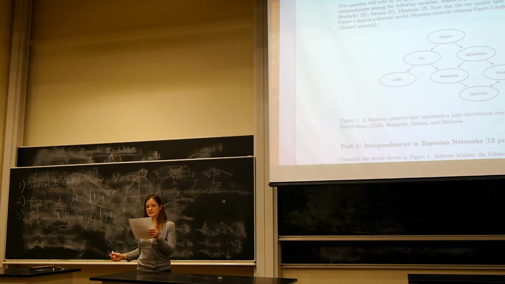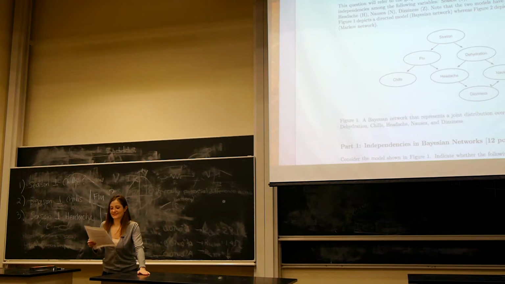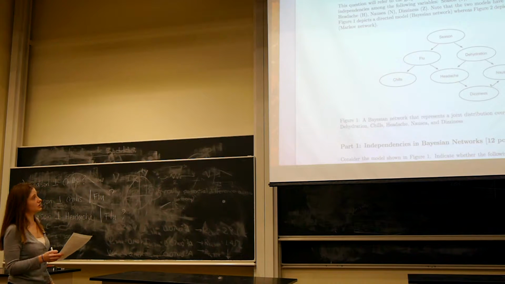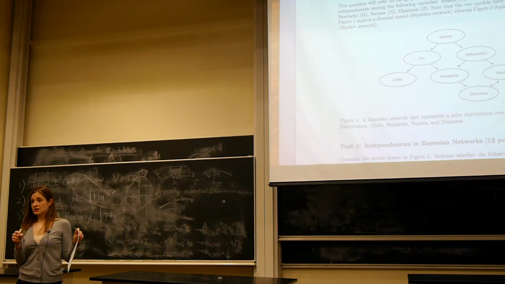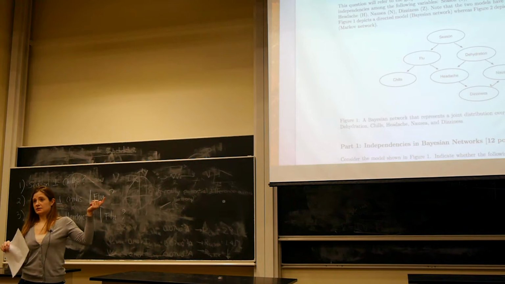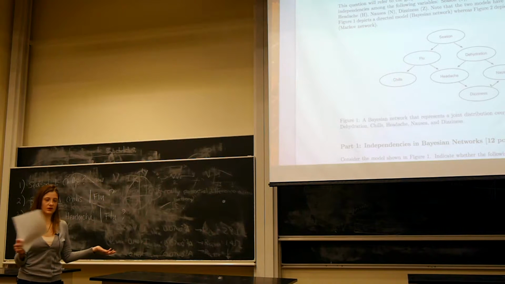What about this one? Is season independent of headache given that we observe the flu? No. Why? Yes, exactly. Influence can still flow along the path from season through dehydration to headache, right? So when we observe flu, one path is blocked, but a second path is still open, so they're not independent, right?